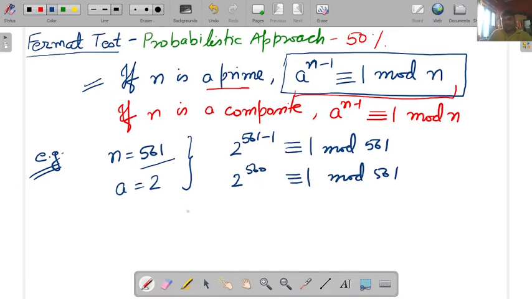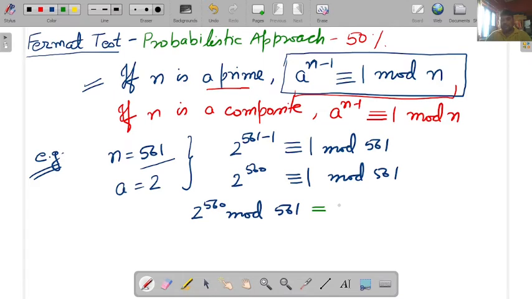So we have to check the value of 2 to the power 560 mod 561. Let's start. 2 to the power 10 is 1024.